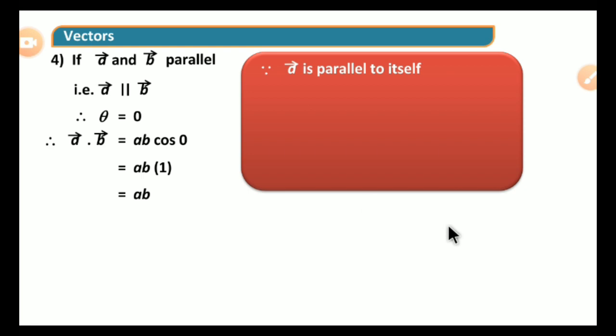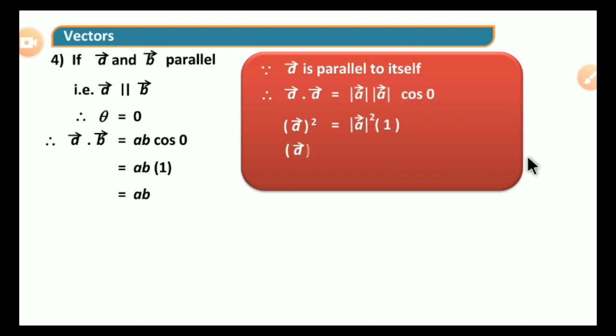Therefore, because A is parallel to itself, we can consider vector A dot vector A only, means both are the same vectors. Therefore, by the definition of scalar product, we can write magnitude of A into magnitude of A into cos 0, because theta is 0. So in the LHS part, vector A dot vector A is equal to vector A whole square, and in the RHS part, magnitude of vector A square and cos 0 equal to 1.